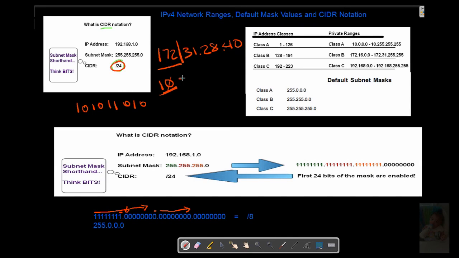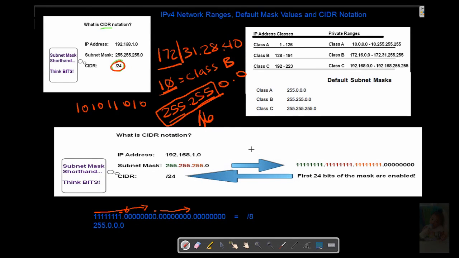So we are in a Class B. We understand that with a Class B, we're dealing with a mask value that is network, network, host, host. We also understand that we are dealing with a default value of slash 16. The first 16 bits of our mask are enabled.